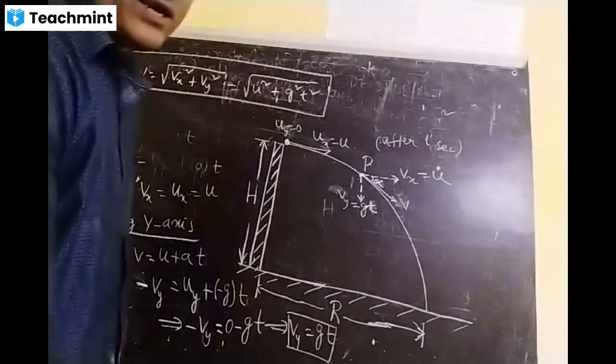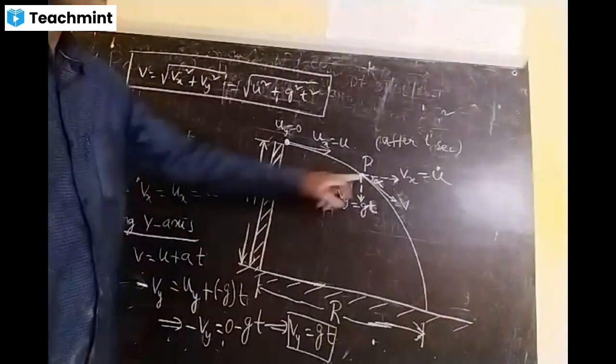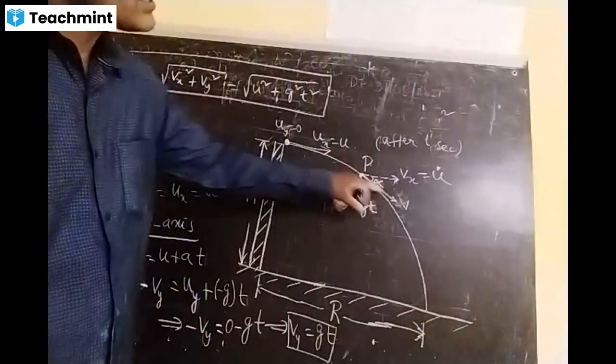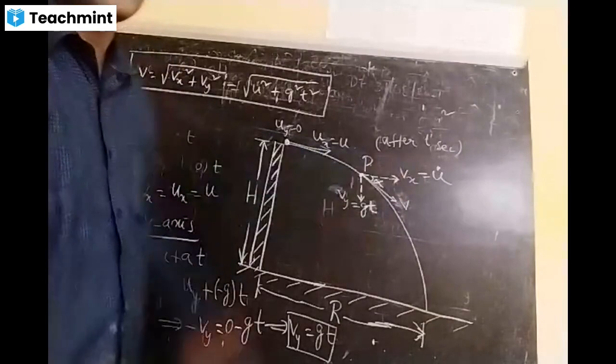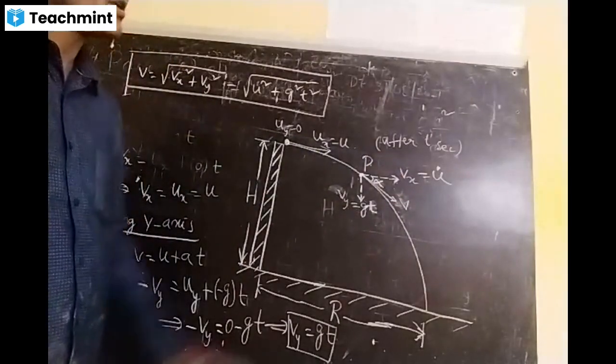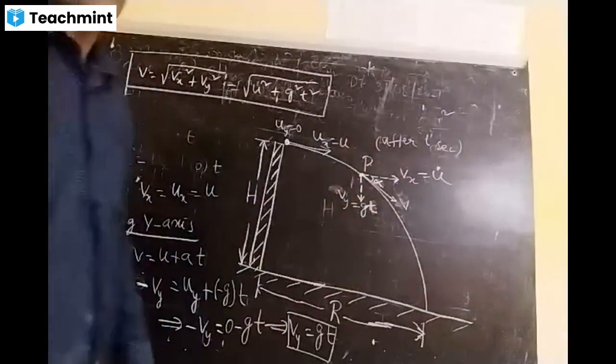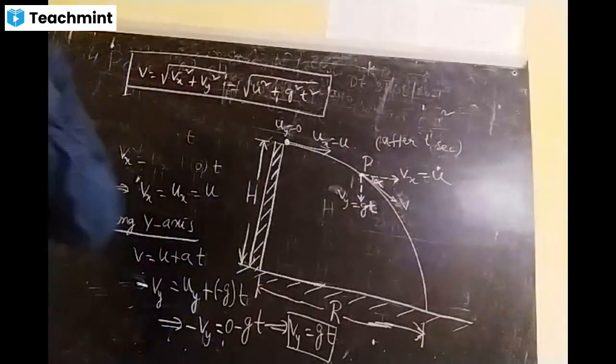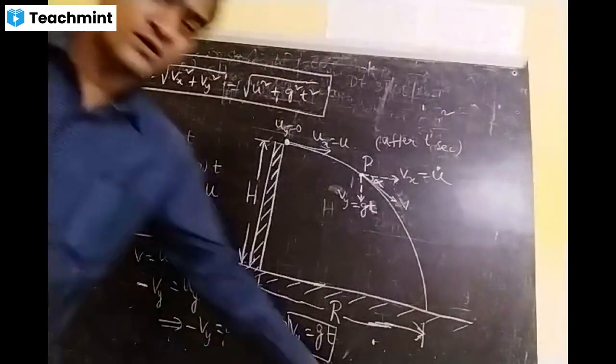Now let me find out the angle made by the resultant velocity with the x-axis. What is the angle here I have taken? Alpha. Here the angle is 90 degrees.